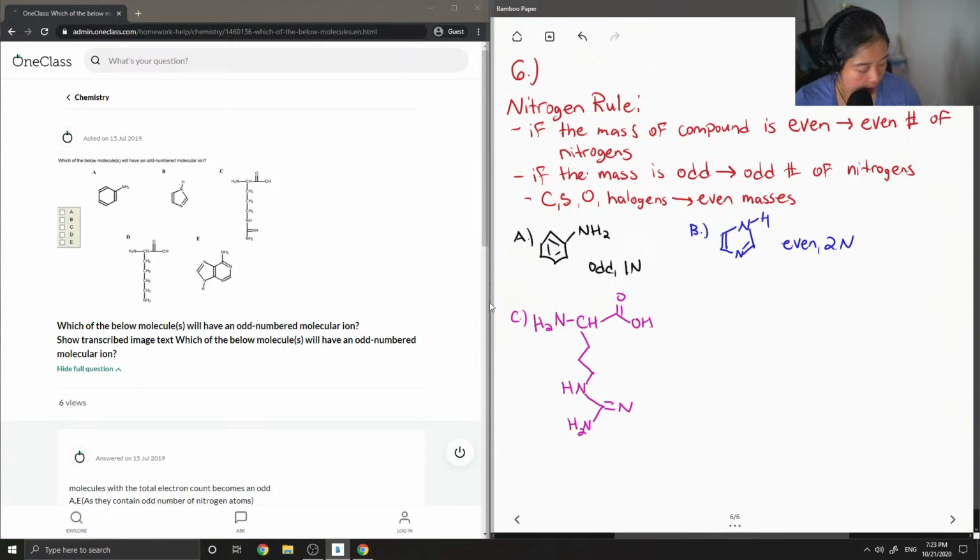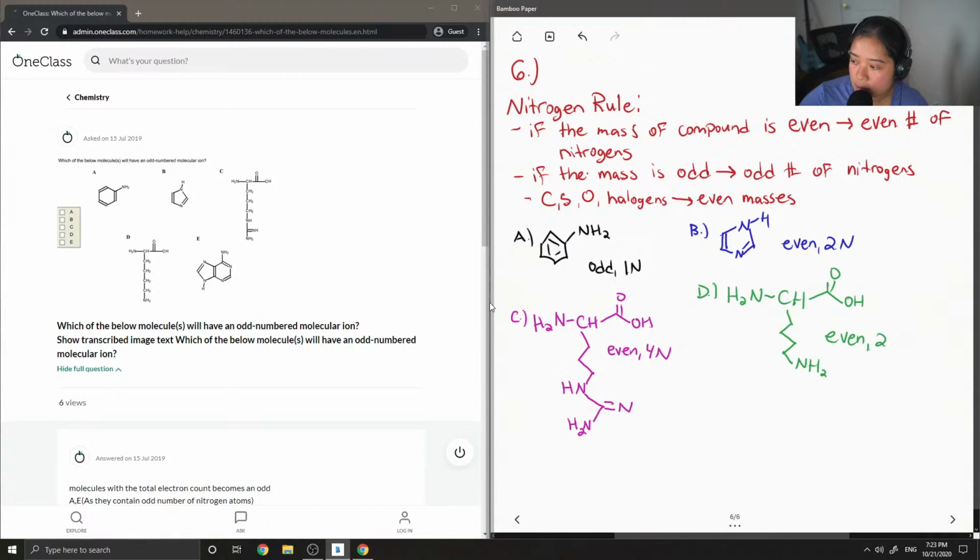So since this has 1, 2, 3, 4, this is even. Then let's look at D. It's another amino acid. And we have 1, 2, 3, 4 carbons. So this is another even, since there are 2 nitrogens.